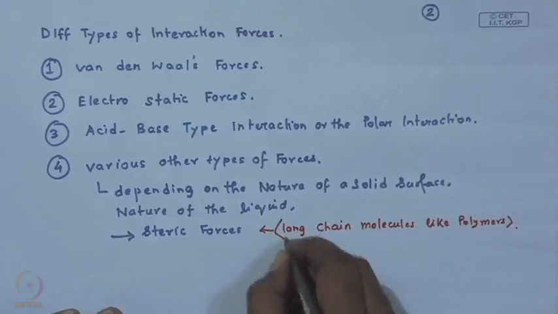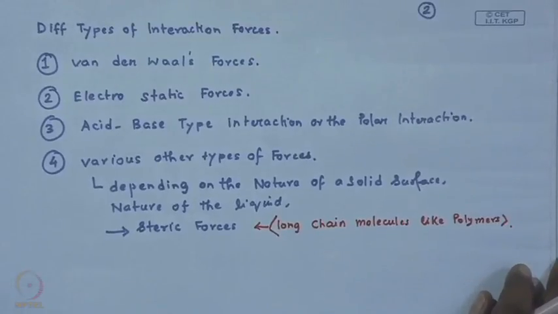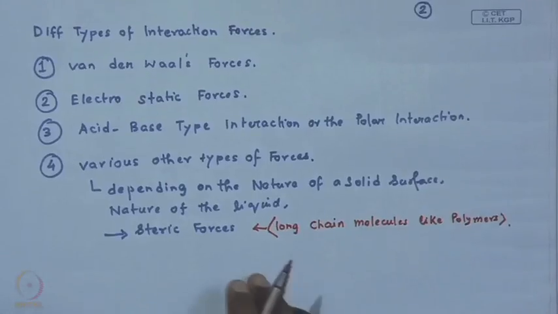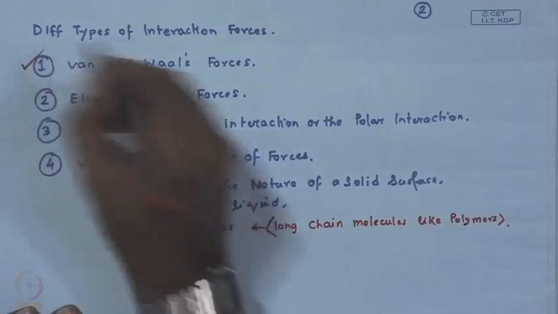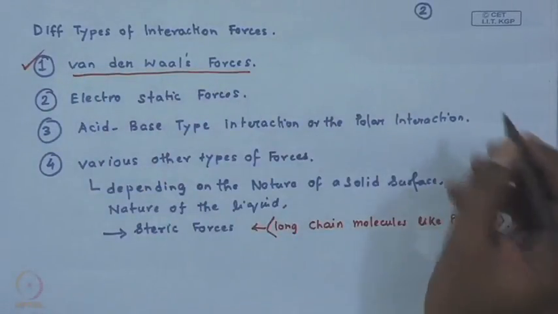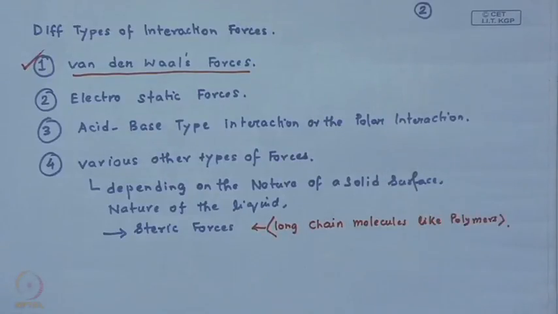Okay. There can be magnetic forces depending on the situation, if you have a magnetic field and if you have ferromagnetic material or surface. So, there can be various other types of forces, but for our condition what is most important is to talk about some aspects of van der Waals forces, and we will also talk a little bit about the electrostatic and the acid base type of forces.